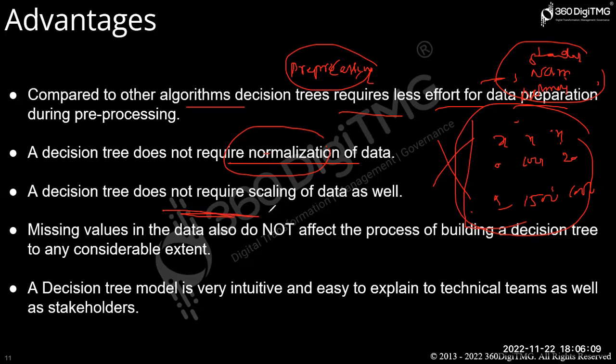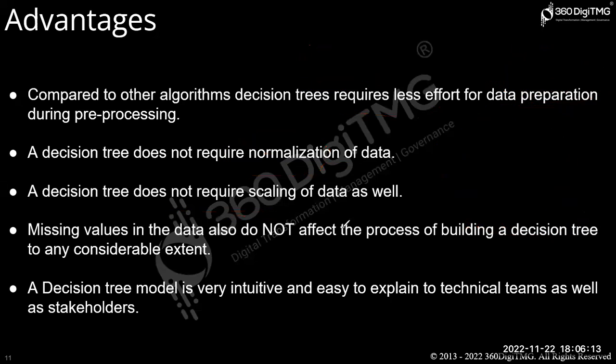Decision tree does not require scaling of data as well. We would use standard scaler or min-max scaler, but we don't even need to do the scaling, because it is able to handle that data and it won't really affect the decision tree algorithm. Missing values in the data also do not affect the process of building a decision tree to any considerable extent. So if we have missing values in our data, that doesn't affect our model.